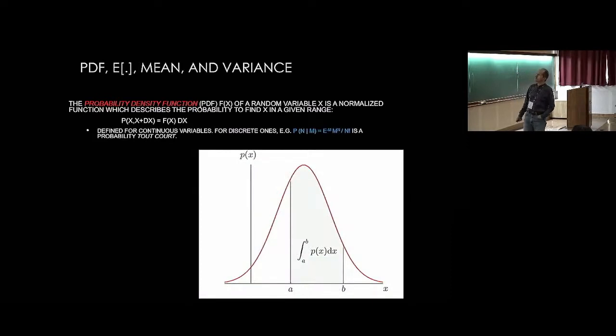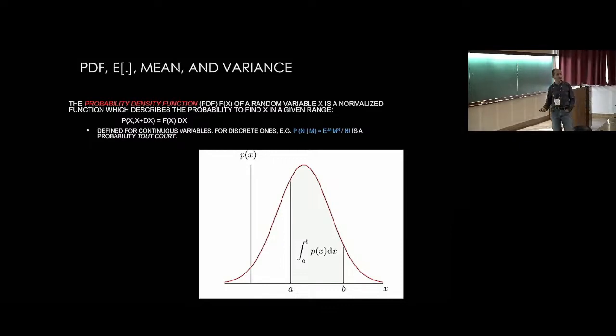So the probability density function, we call it PDF, but don't confuse it with the PDFs of the partons inside the proton. They are also density functions, but they are probability distribution functions for special objects that have different properties, okay? So the PDF of a random variable x is normalized to 1.